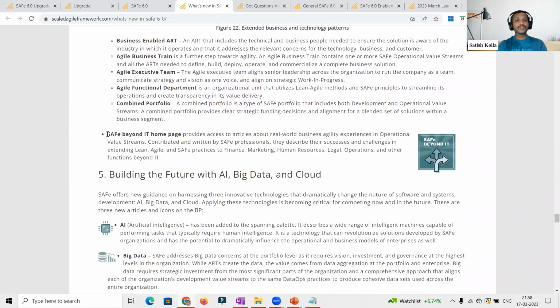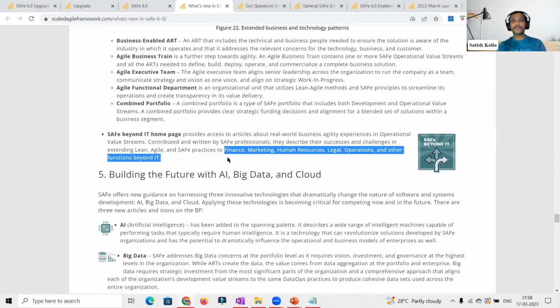And now SAFe beyond IT provides guidance for practices like finance, marketing, HR, legal, operations, and sales. The required guidance or information is provided as a starting point, as a baseline.